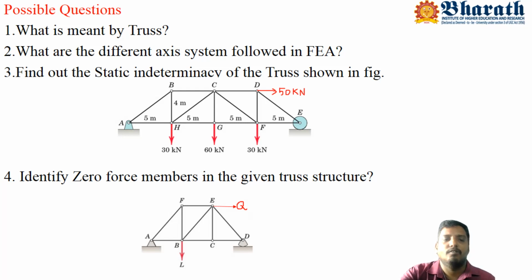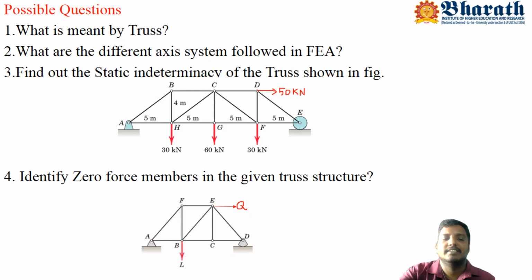And question number 3: find out the static indeterminacy of the truss shown in the figure. Now, how do you find out the static indeterminacy of the structure? For a truss, we already gave some rules. There are two types of indeterminacy: the truss may have internal indeterminacy or external indeterminacy. For the external indeterminacy, we can use the equation R minus 3, where R is nothing but the reactive force from the supports.